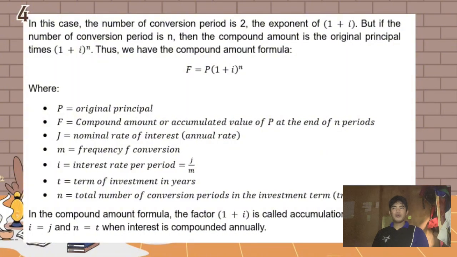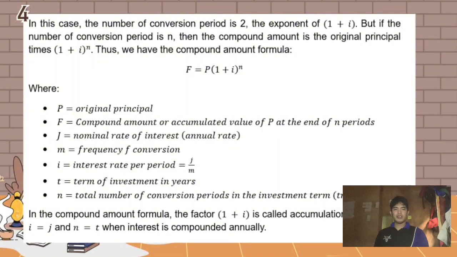Thus, we have the compound amount formula, F is equal to P times 1 plus I raised to N, where P is the original principal, F is the compound amount or accumulated value of P at the end of N periods. J is the nominal rate of interest or the annual rate.